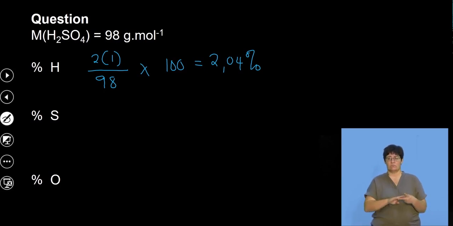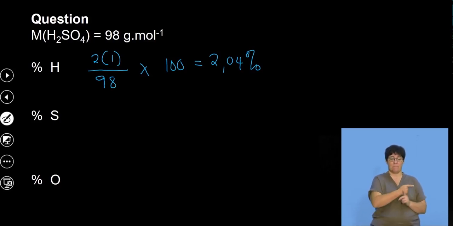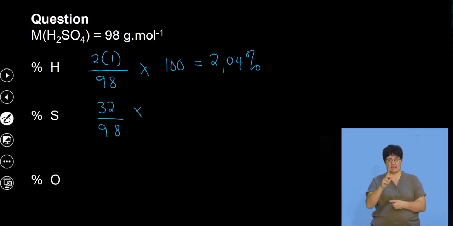What about sulfur? The molar mass of sulfur, we can just verify, is 32. We got that from the periodic table, and there's just one sulfur. So it's going to be 32 over the total, which is 98, multiplied by 100, and it will give us the percentage.